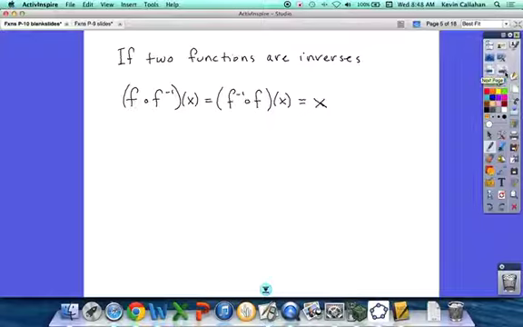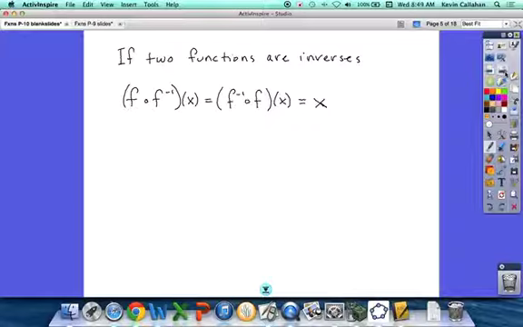Okay, and so here's the property, the one I showed you on the first page with tan inverse and tan canceling each other out. As long as a function and its inverse are both functions, meaning passing the vertical line test, then if you take the composition of a function and its inverse, in either order, it doesn't matter if it's f of f minus 1 or f minus 1 of f, in either case, everything else will cancel, and all you're going to be left with is an x.